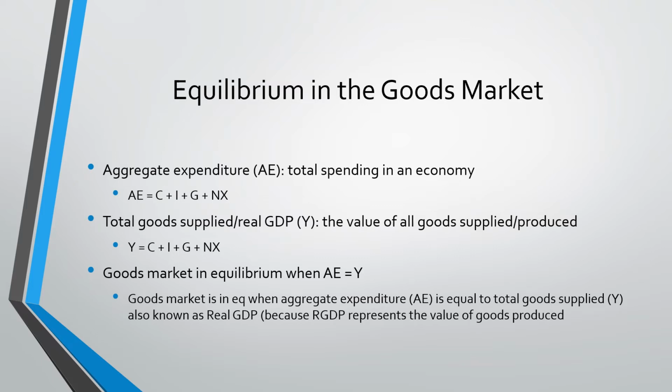And there you can see the formula. So the goods market is in equilibrium when aggregate expenditure is equal to that total goods supplied or real GDP. The reason that I can use total goods supplied or real GDP is because real GDP represents the value of those goods produced.